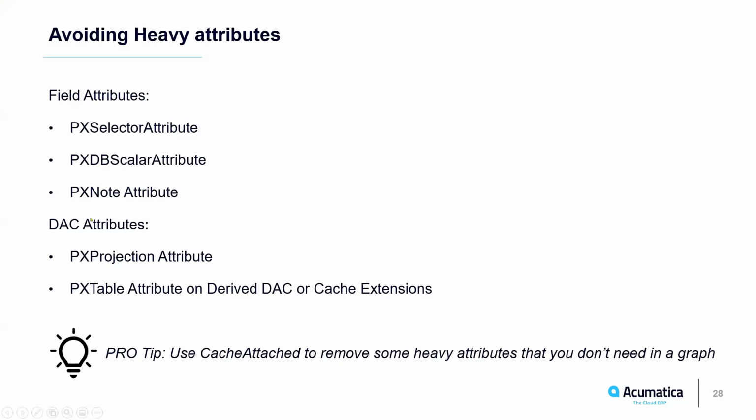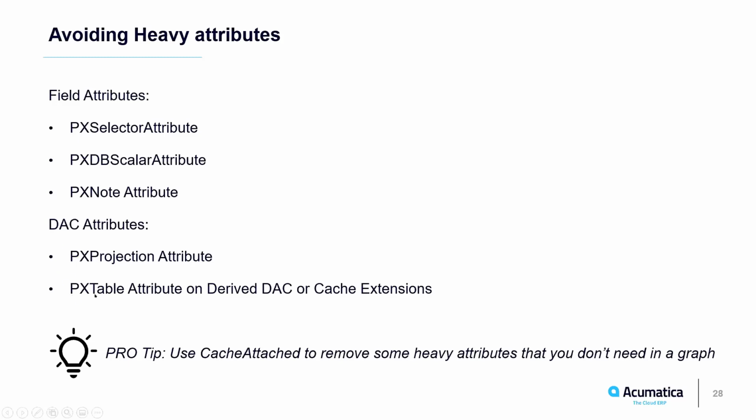Now, there are also data access class attributes that you should be aware of. There is a PXProjection attribute that allows you to generate a subselect for a table. So if you put it on a data access class, instead of just selecting from the table, the data access class selection will generate a subselect in a way that you have defined in that PXProjection.